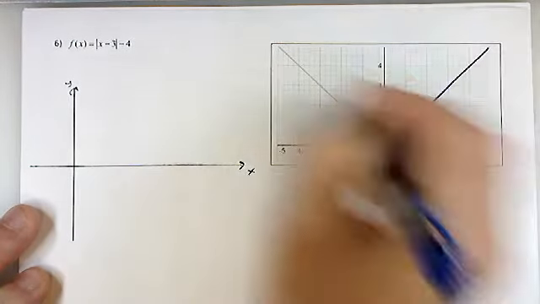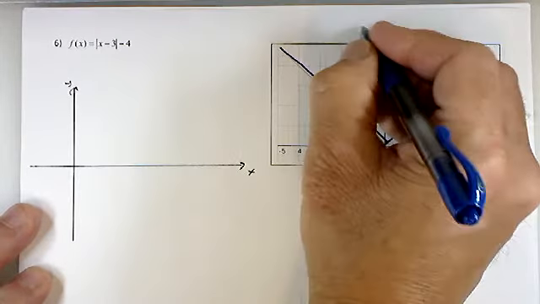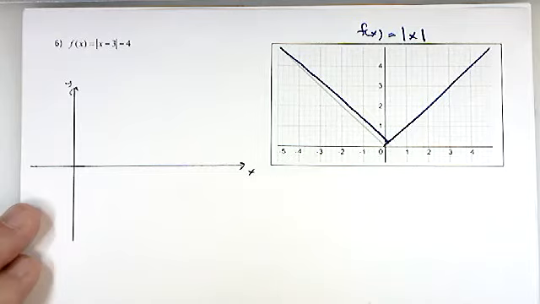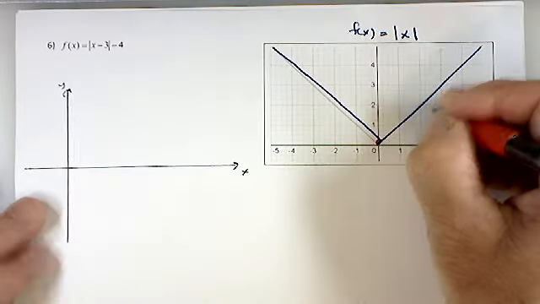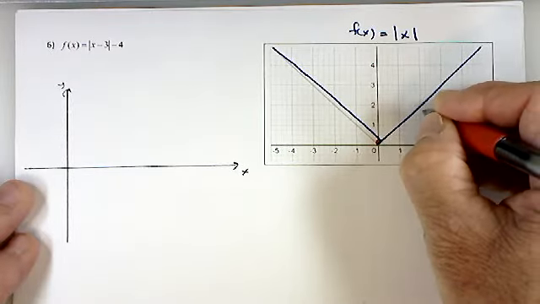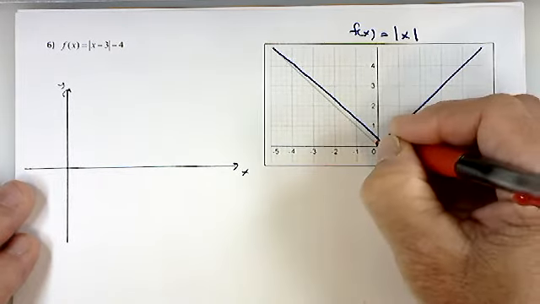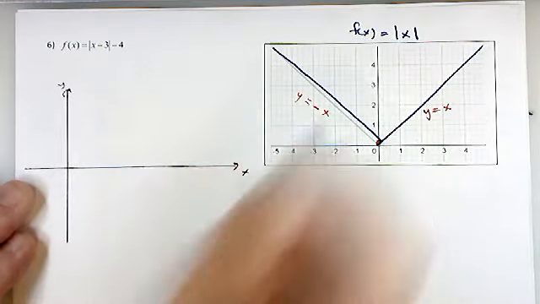It has the classic shape of a V, and this function is the absolute value of x, which is really made up of just 2 lines. We're going to talk about lines coming up. This line right here is just a portion of y equals x, starting at 0 going off, and this is y equals negative x.